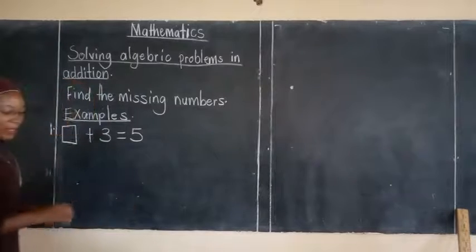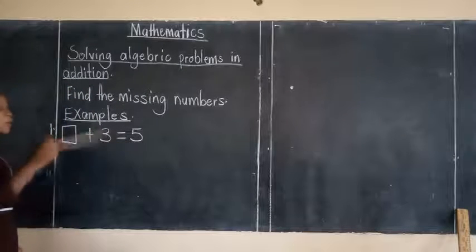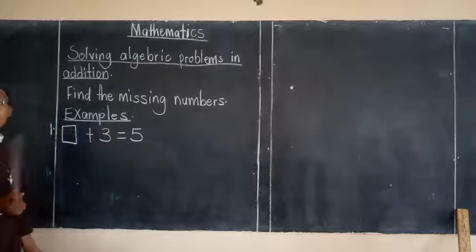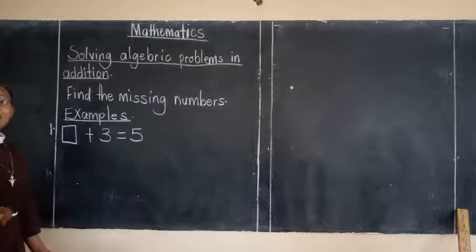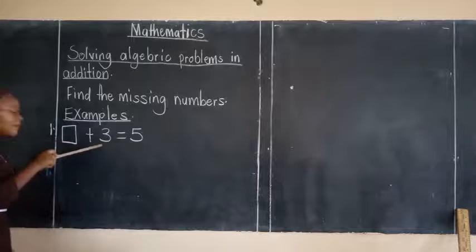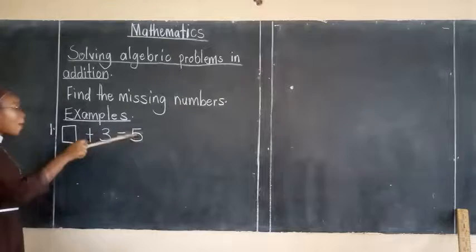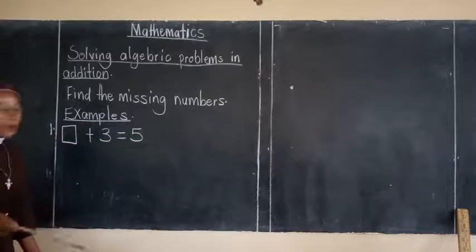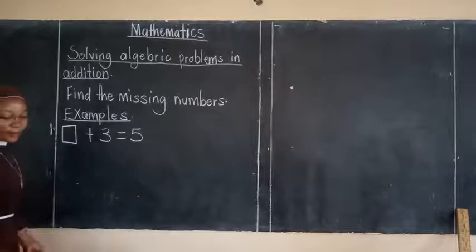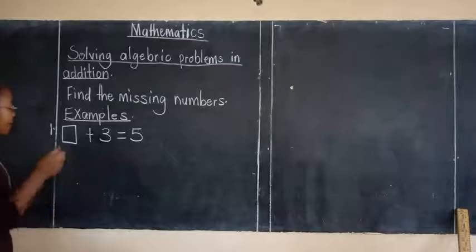When you look at these two numbers, 3 and 5, which one is the smaller number? Yes, 3 is our smaller number, and the big number is 5. So, meaning, we are going to take away 3 from 5. The easiest method is this.